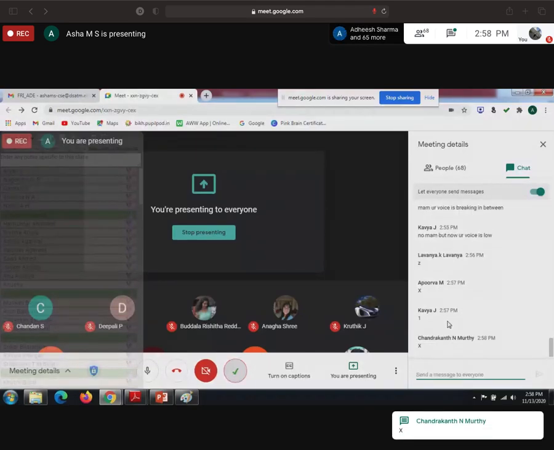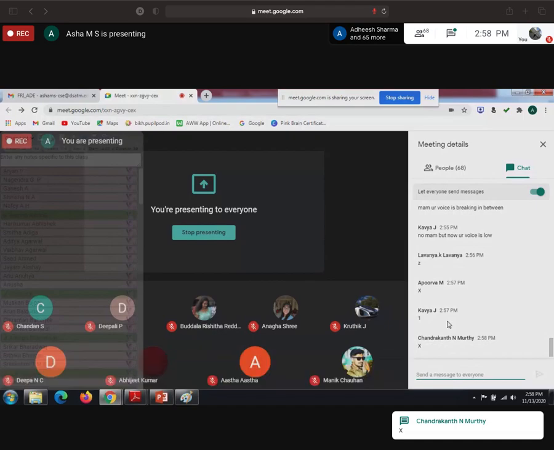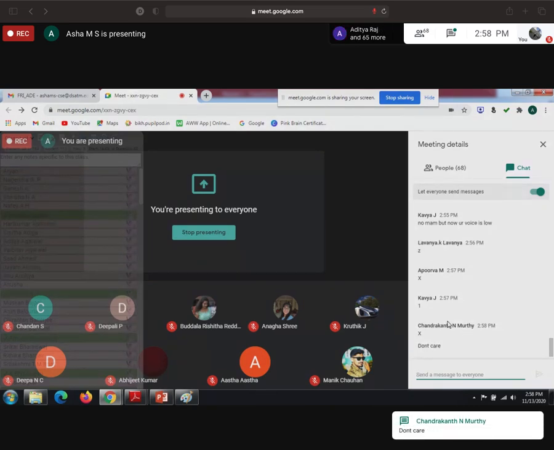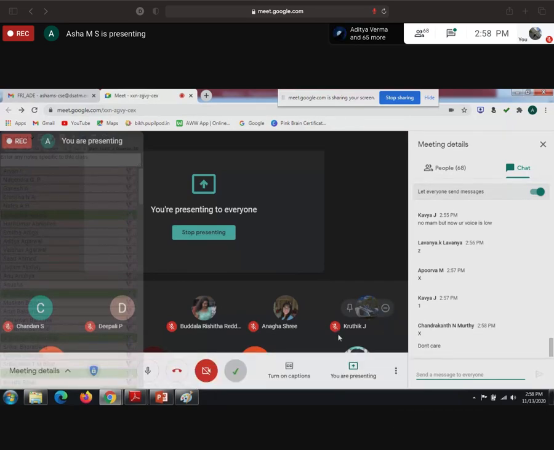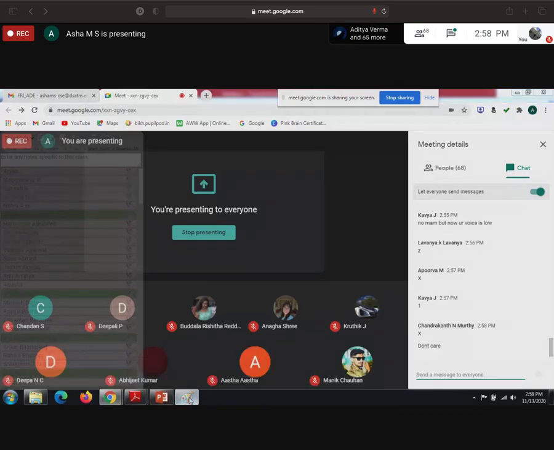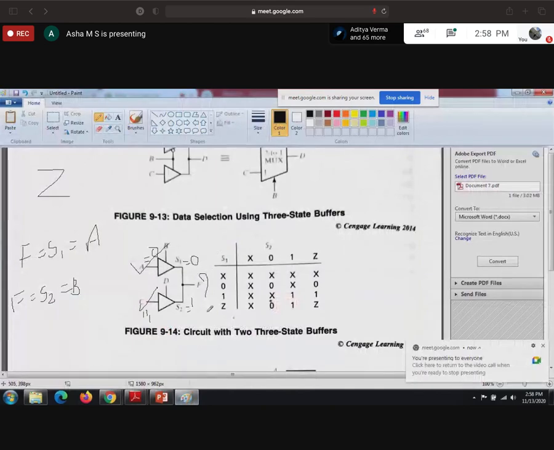So Apurva said X. What is the meaning of X, Apurva? Chandrakant, what do you mean by X? It's a don't care. Don't care means it can be 0 or it can be 1. Actually, when both are enabled, it is a conflict because we can't perfectly tell what is there at F, or what is there at the output side.